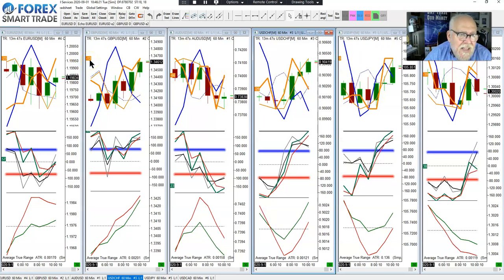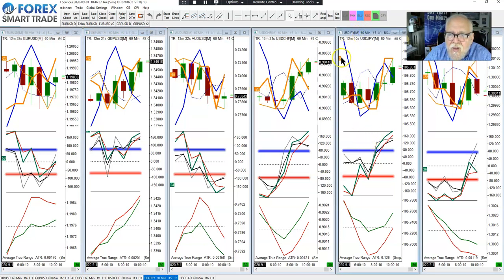Minus 12 is getting close. We'll come back and look at the pound dollar in 10 minutes. Minus 65 is not close enough. Minus 28 isn't close enough. Dollar yen 0.